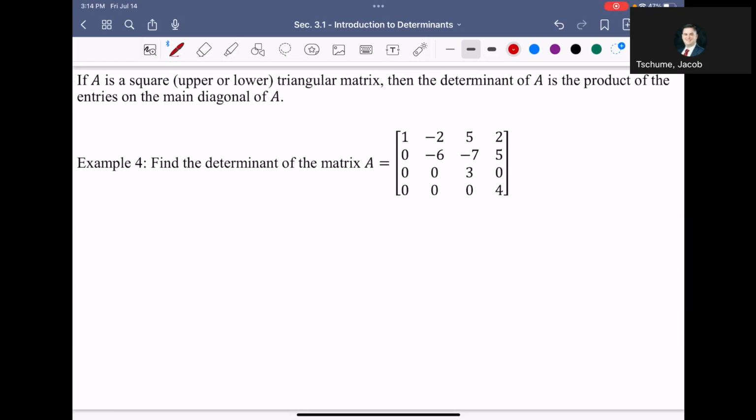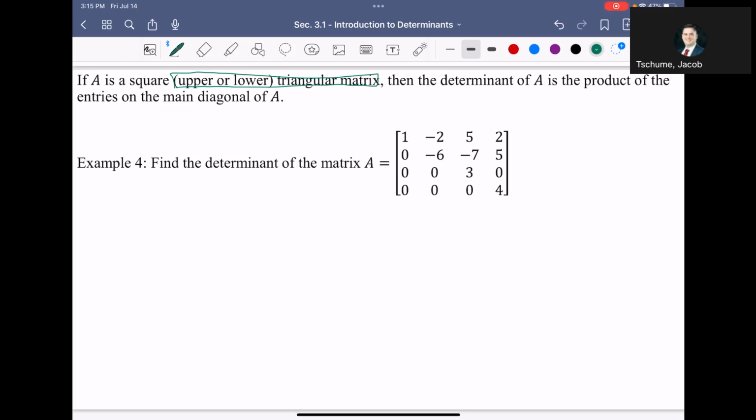So last thing, if A is a square, upper or lower triangular matrix, let me pause there. If you recall from the section 2.3 video, we defined an upper triangular matrix as a square matrix where everything above the main diagonal was a number and everything below it was 0. So upper triangular, everything lower is 0.